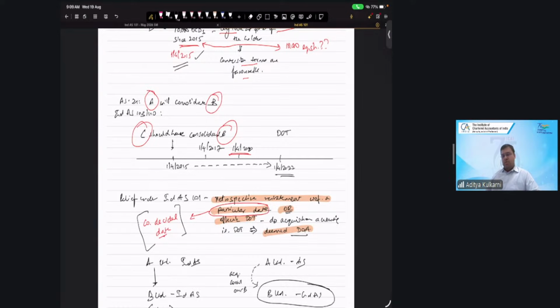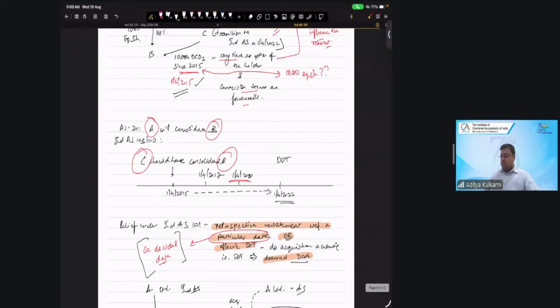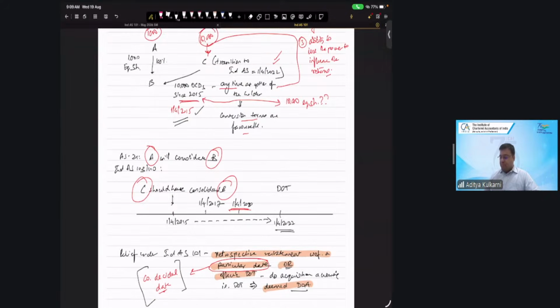That means it can say, okay, for this company only, C and B. C Limited got 1st April 2015 as the date of acquisition of optionally convertible debentures.